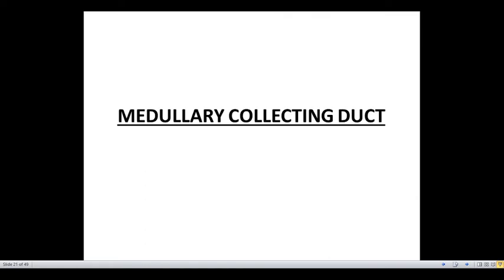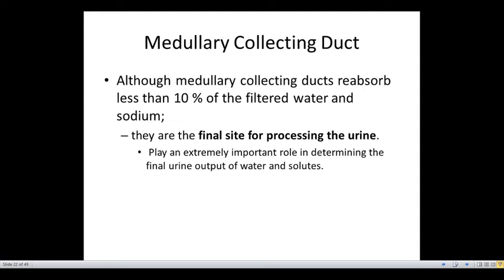Medullary collecting duct. Although medullary collecting ducts reabsorb less than 10% of the filtered water and sodium, remember they are the final site for processing the urine, and they play an extremely important role in determining the final urine output of water and solutes.